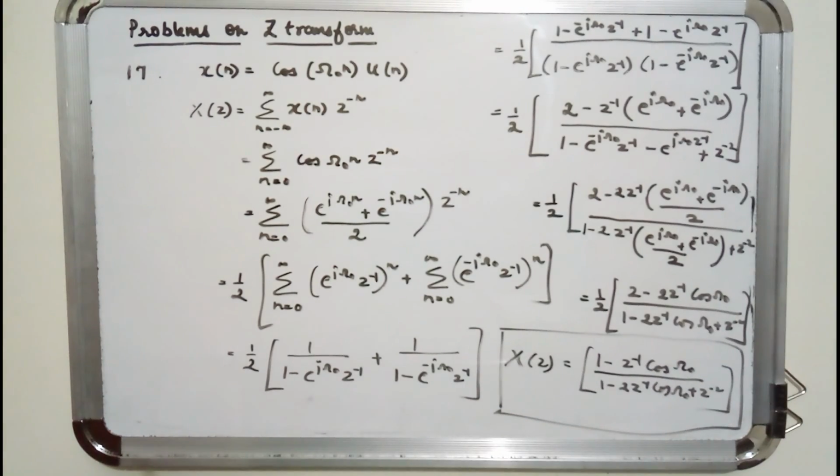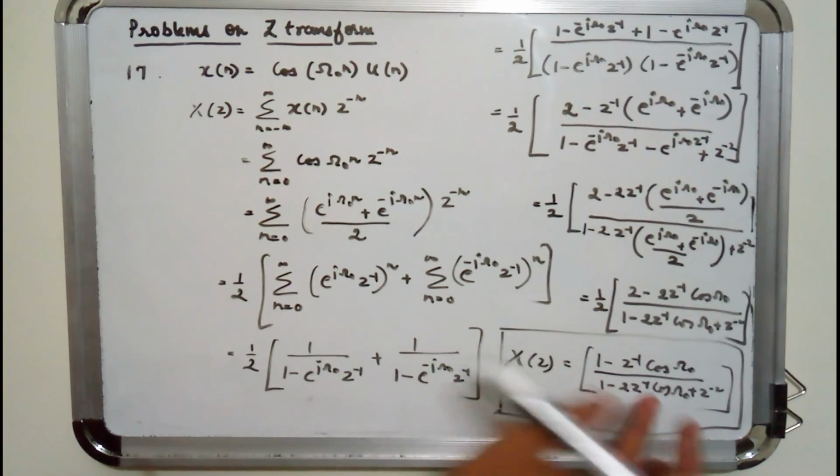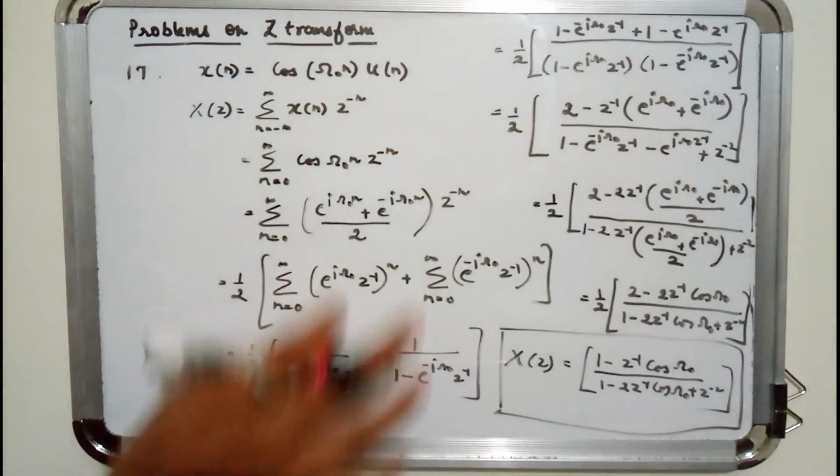This is the final answer of the z transform of cos omega naught n u of n. So if you are asked to find the z transform of cos pi by 4 n u of n, in place of omega naught you substitute pi by 4 directly, or it is better not to mug up this final answer, rather you derive it on your own.